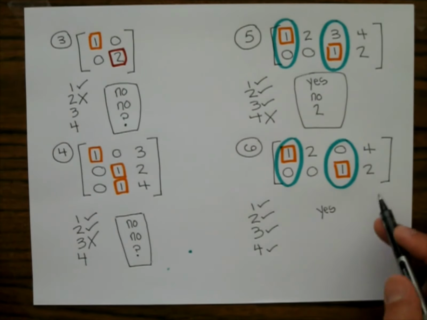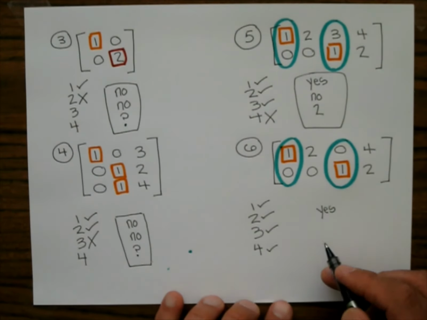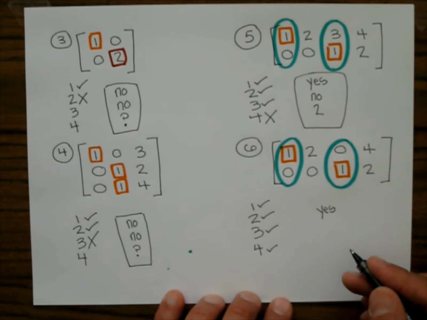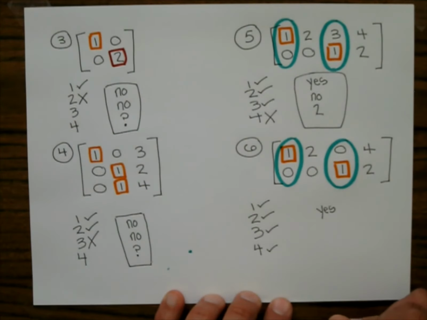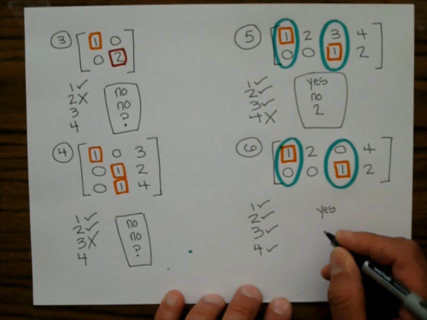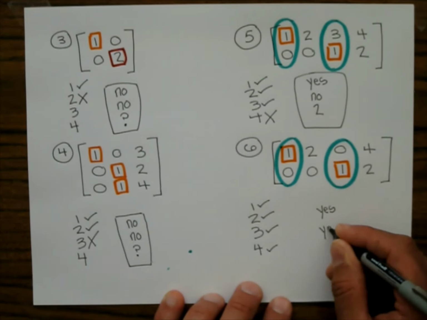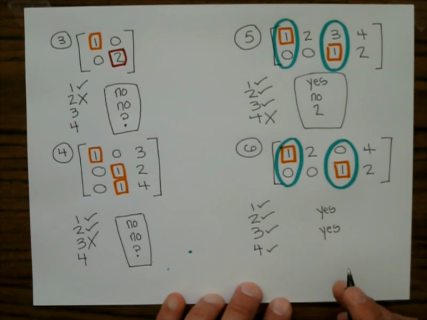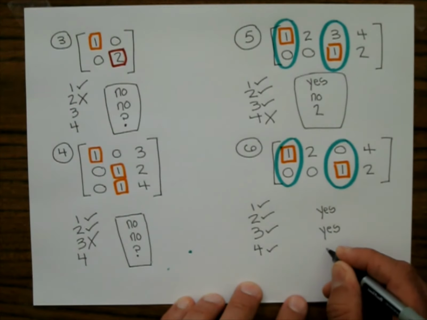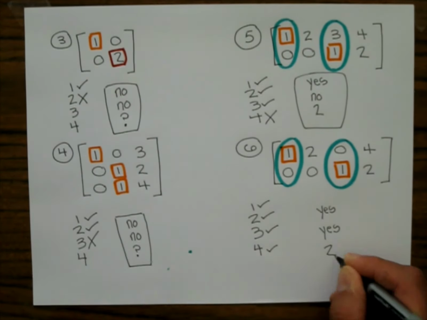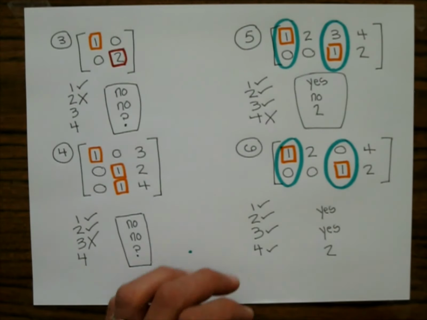Which means this matrix is not only in row echelon form, REF, but it's also in reduced row echelon form, RREF. So we say yes to that. The rank of this matrix is the number of non-zero rows if the matrix is in REF, and it looks like there are 2 non-zero rows.